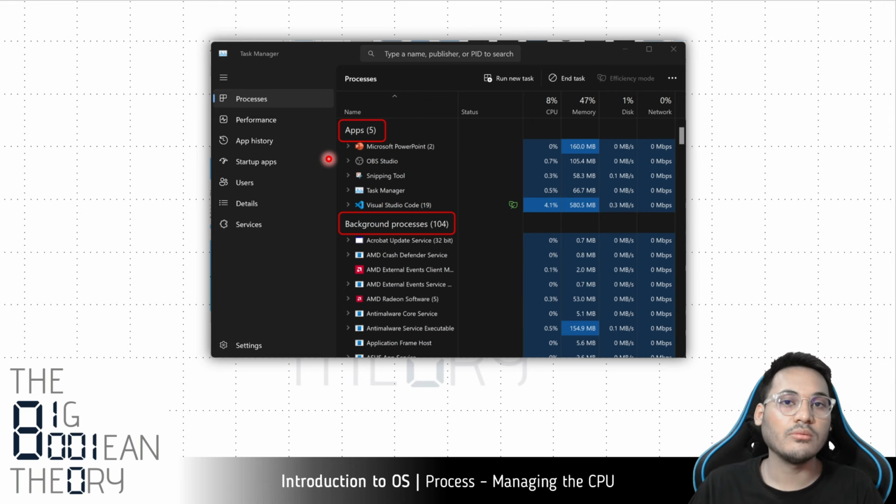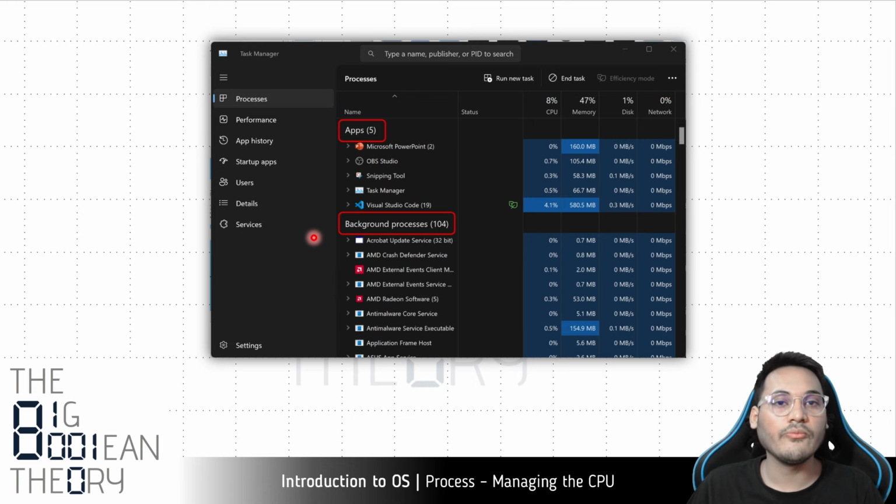And apart from this, there are a lot of background processes which contribute to the large number of computer applications that we have in the system. The applications that you launch will have some subtasks that do not require any user interaction or user interfacing. These subtasks are launched as background processes, and the majority of applications that you see in the computer run in the background. These are background processes.